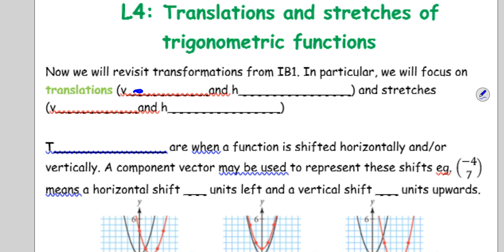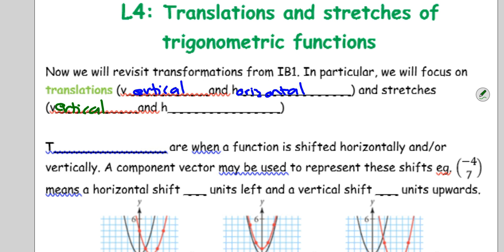Quite often you'll hear me call them shifts, but the proper word in IB is translations. In Australia, I tend to use the word shift, like vertical shift, horizontal shift. And stretches, like stretch it up, stretch it that way, vertical and horizontal.